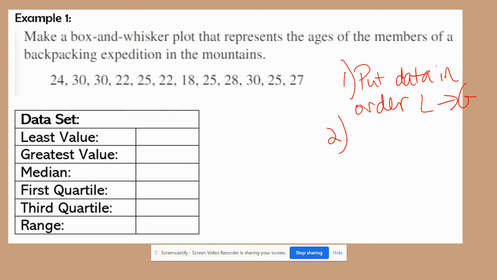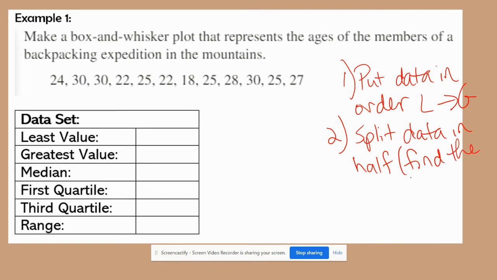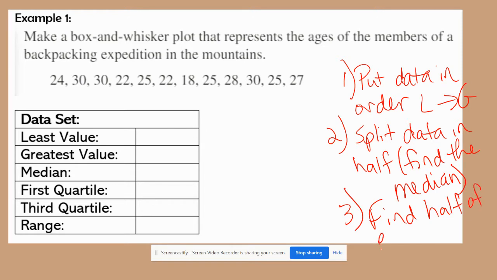Once we've done that, we will split our data in half, which is to find the median. From that median, you're going to find half of each half, which is basically finding the median of those two sections. And again, that'll make a little bit more sense once we do that.